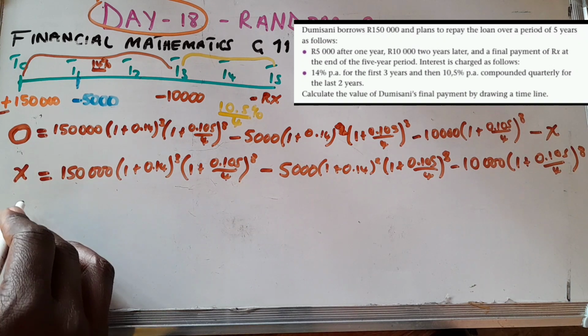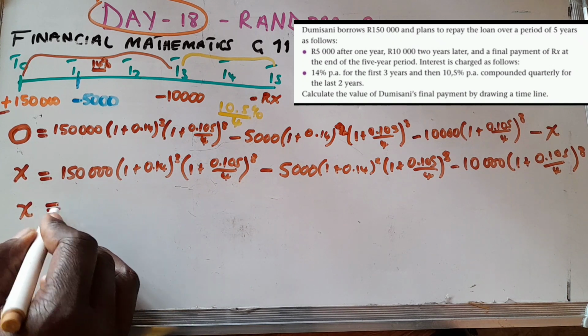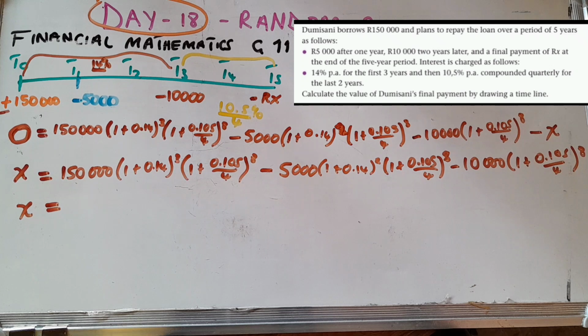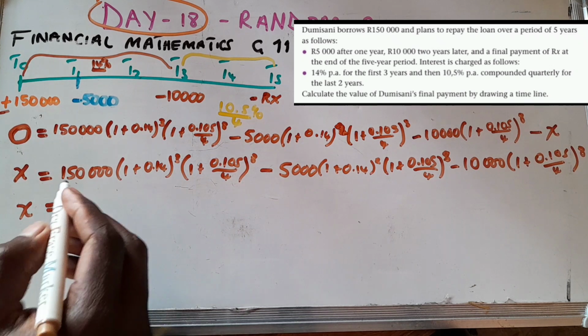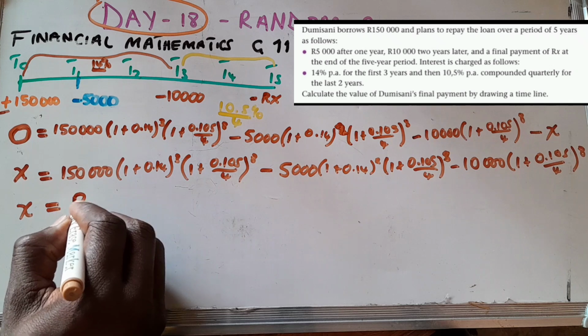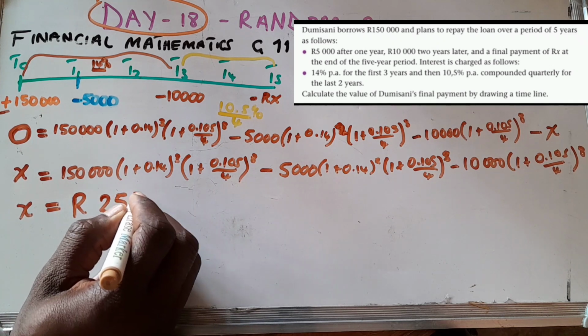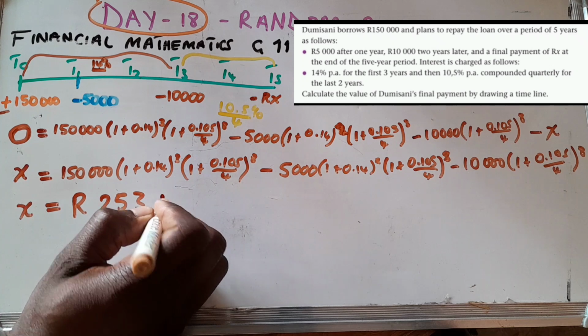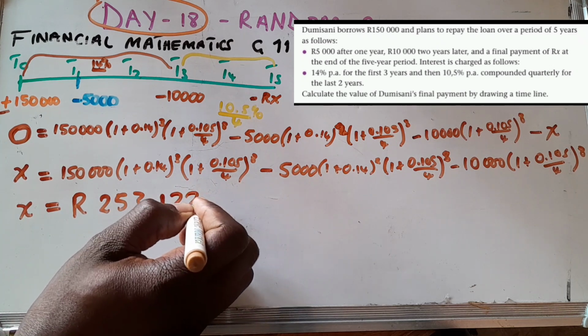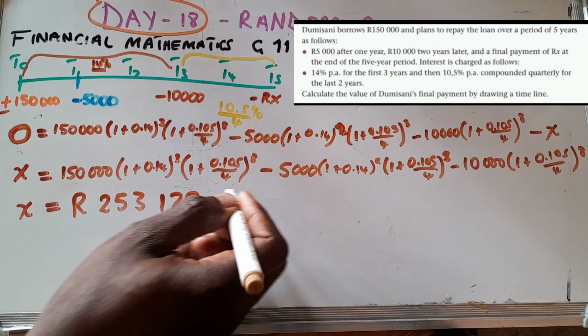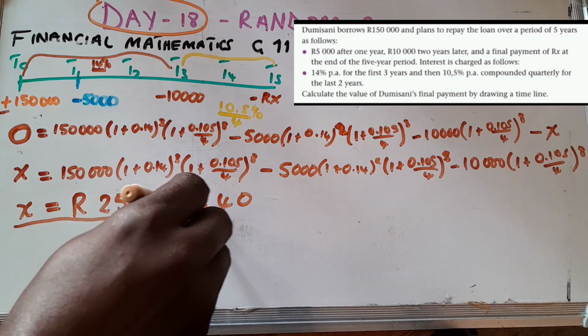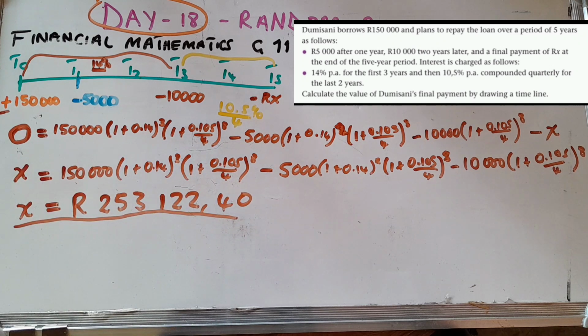Then we can punch all this information into the calculator, and we are going to get something like 122,40. So this is the amount that you pay as the last payment.